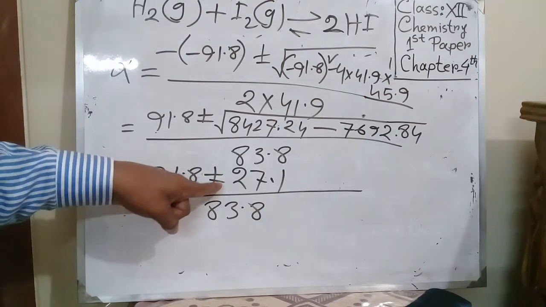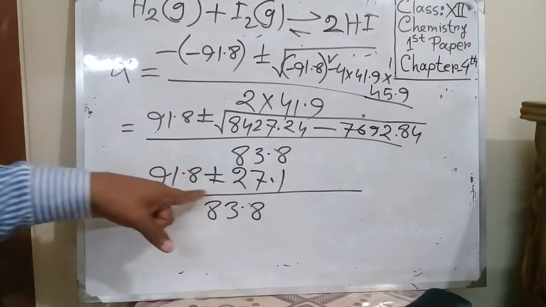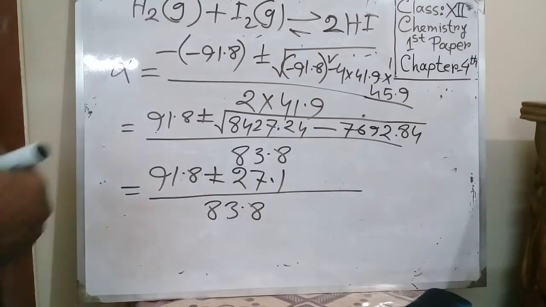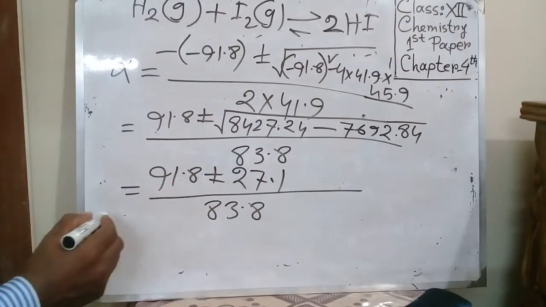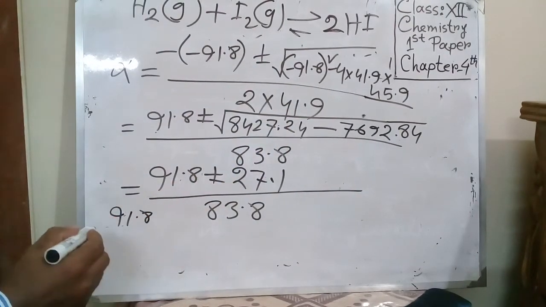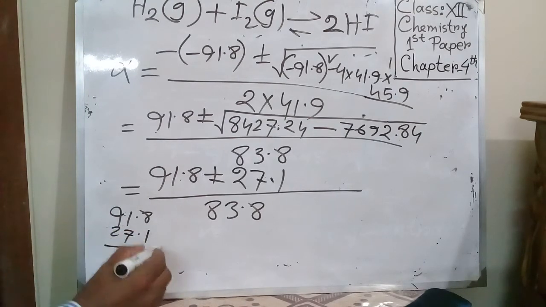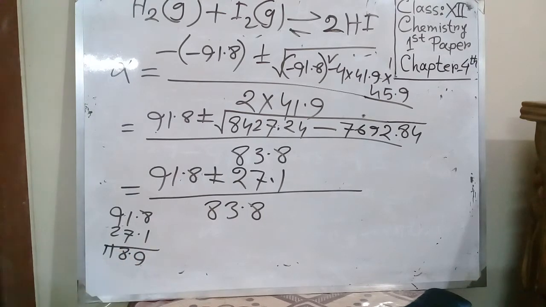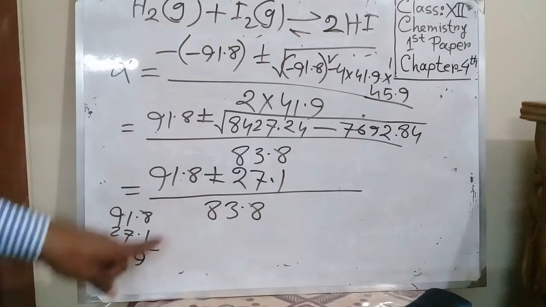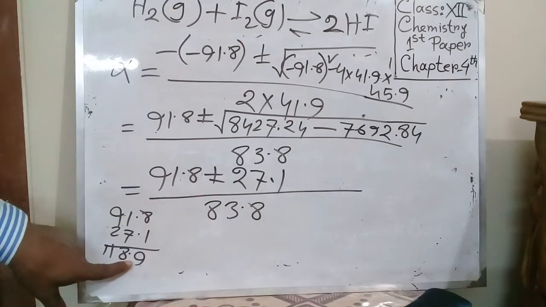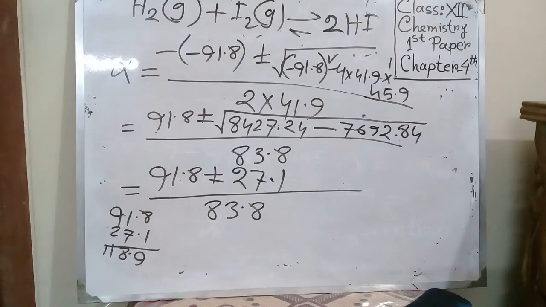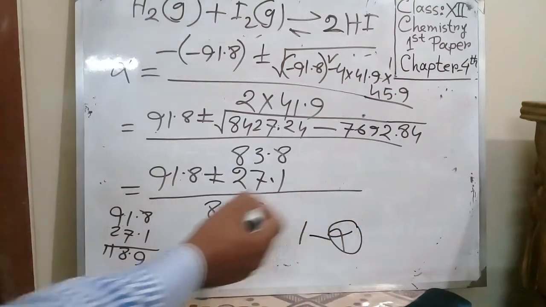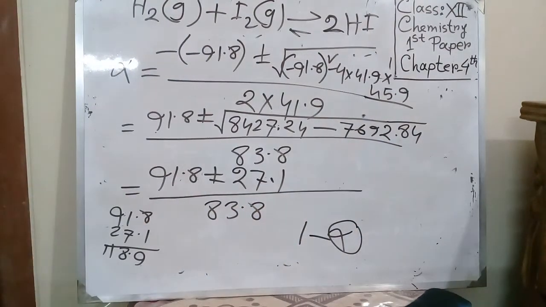If you add 91.8 plus 27.1, you will get 118.9, and if you divide by 83.8, you will get more than 1. But we have taken just 1 mole, and if the value of alpha is more than 1, it will be invalid.